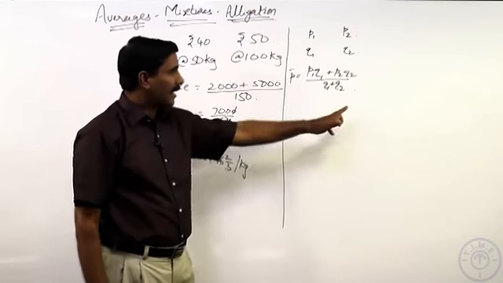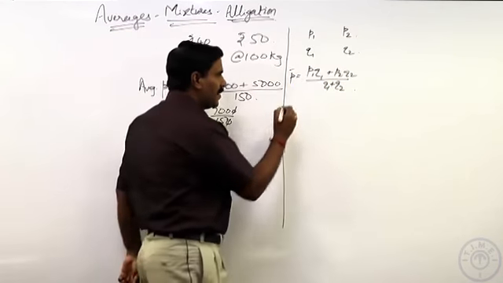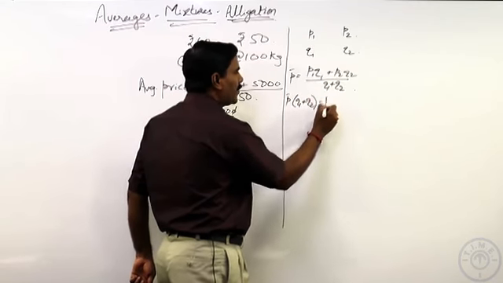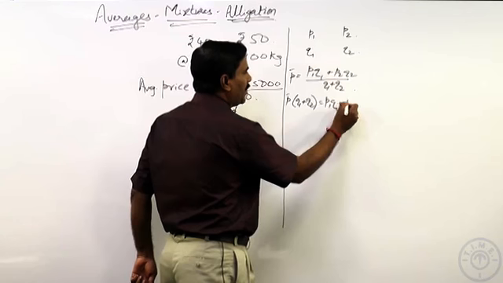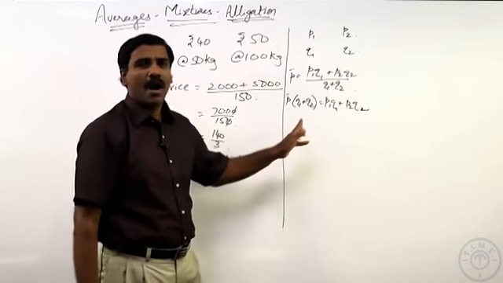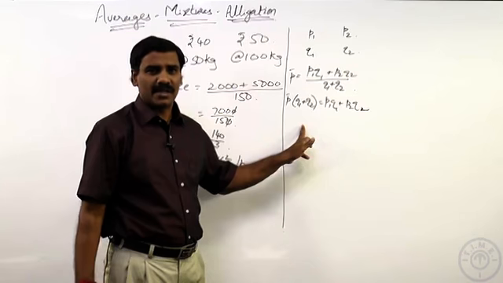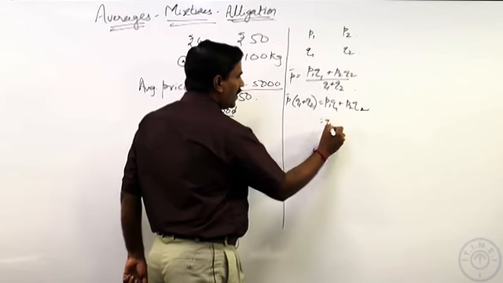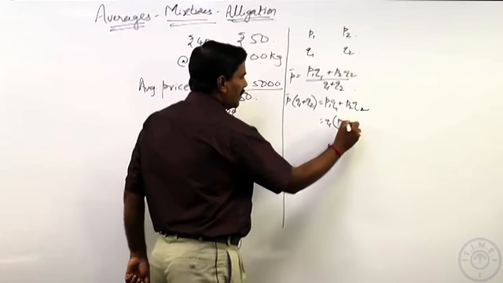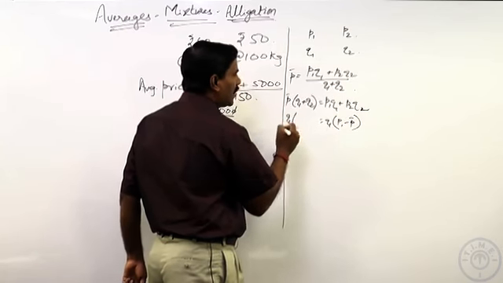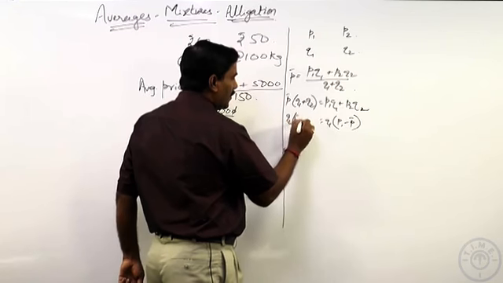If we cross multiply these two, we have P bar into Q1 plus Q2 is equal to P1 Q1 plus P2 Q2. Bringing all Q1 quantities to one side and Q2 quantities to the other side, it becomes Q1 into P1 minus P bar, and Q2 taken common, it's P bar minus P2.